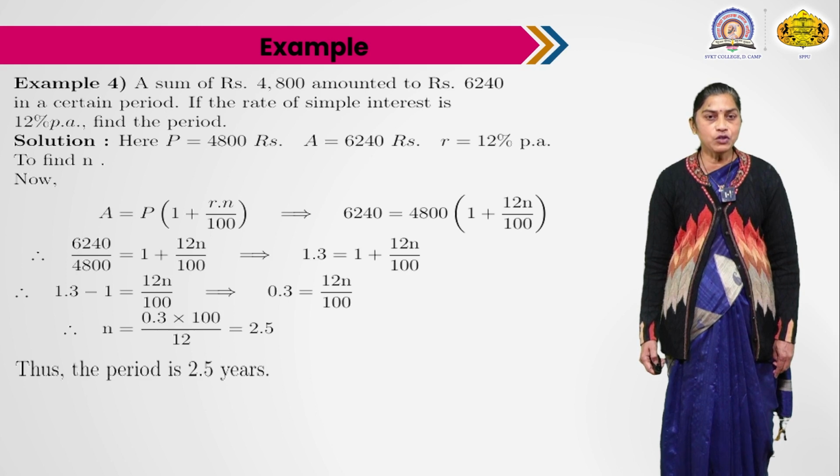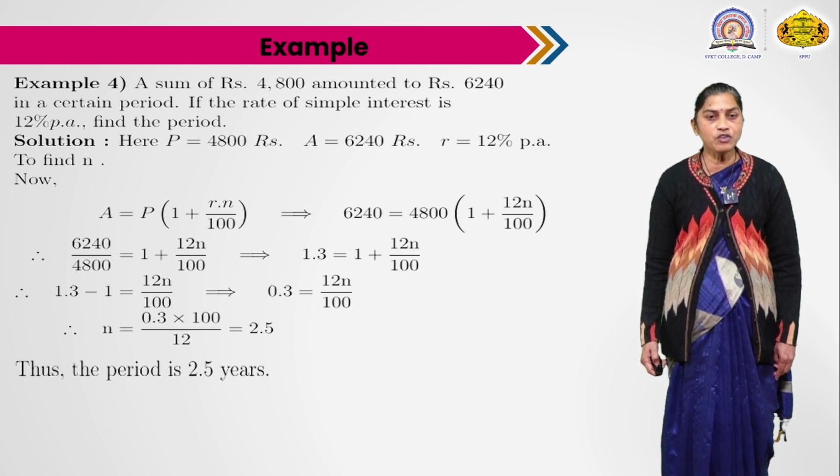Here P is given to be 4,800 rupees, amount A is given to be 6,240 rupees, and rate R is given to be 12% per annum. We want to find the period, that is the value of n. Now what is the formula for A?